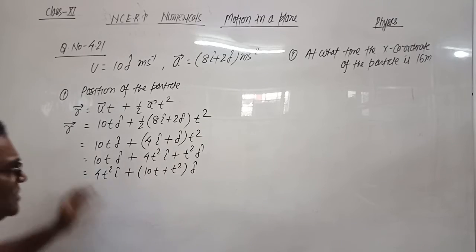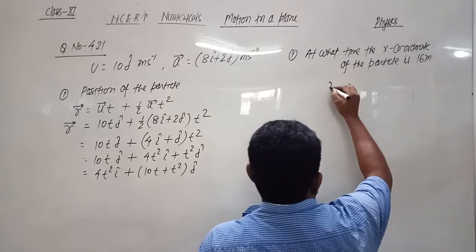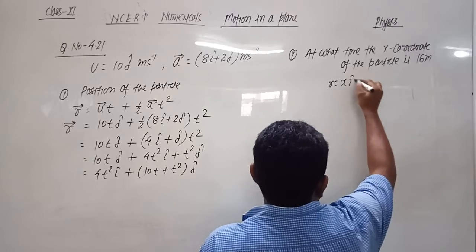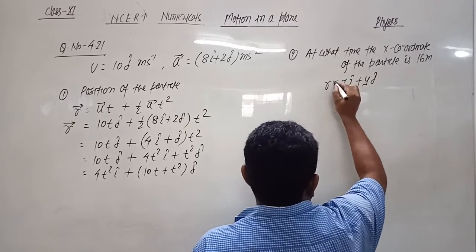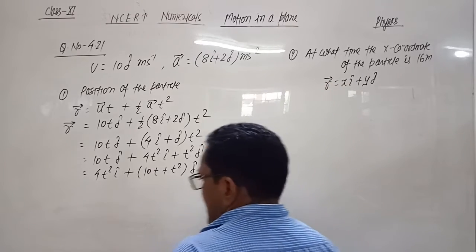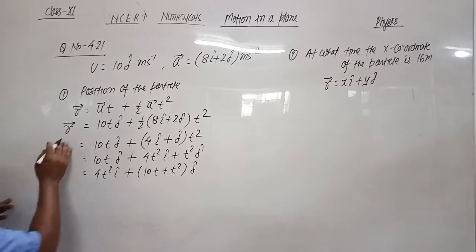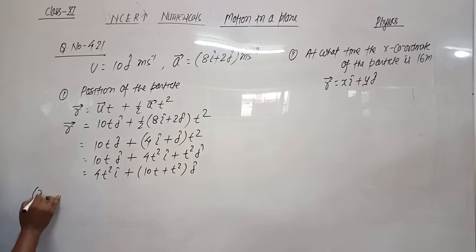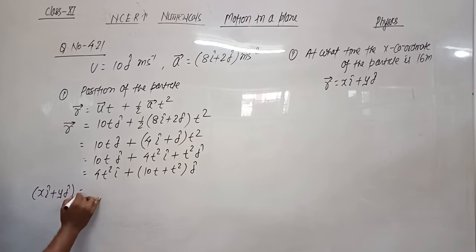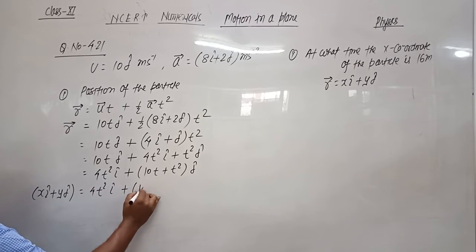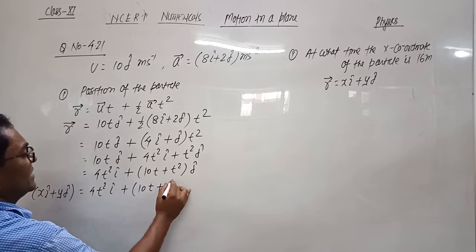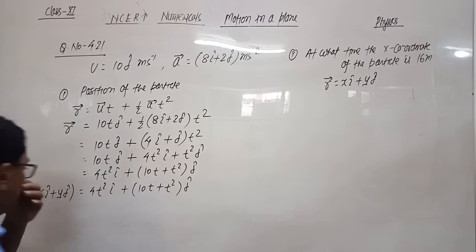And we know that in two dimensions, r is written as x i cap plus y j cap. So we put r equals x i cap plus y j cap equals 4t square i cap plus (10t plus t square) j cap.